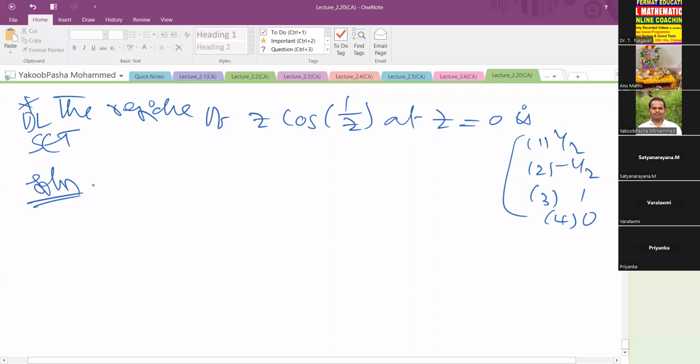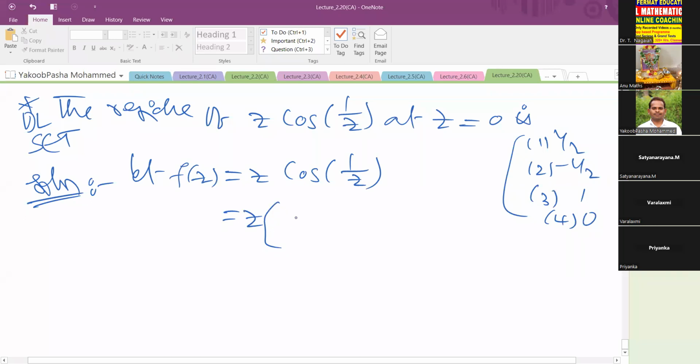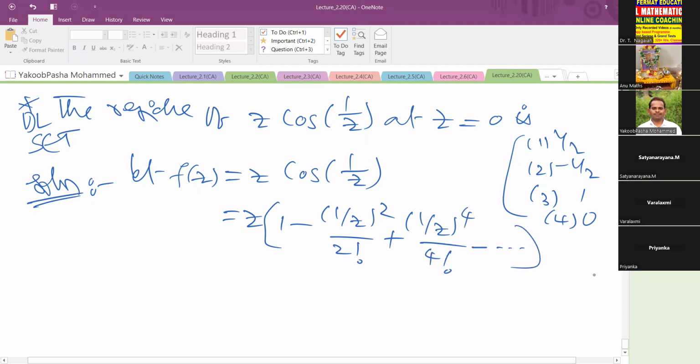So first of all, we have to take the function f of z, that is z cos 1 by z. Cos is an even function, so the expansion of this is 1 minus (1 by z) whole square by 2 factorial plus (1 by z) whole power 4 by 4 factorial minus and so on.